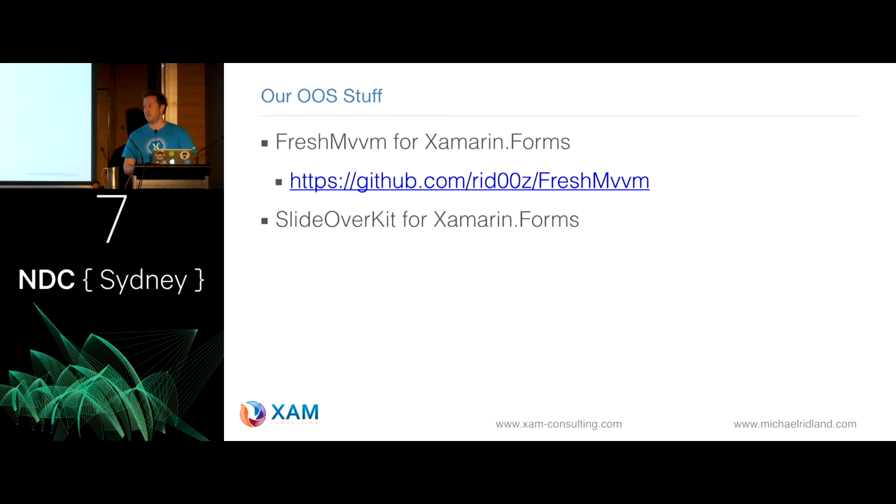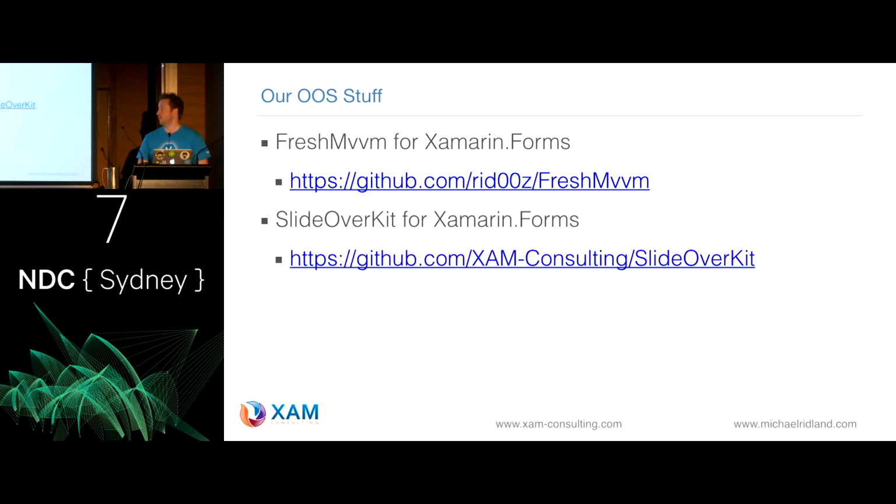It didn't really work out that well because we put so much effort into it and not enough people were using it, so we decided it would be better open source where more people would use it. So that's open source as well. Fresh Essentials for Xamarin.Forms. You can see we primarily do Xamarin.Forms, that's all we do, and that's why all our components are Xamarin.Forms. Fresh Essentials is the essential stuff that we use in every project.